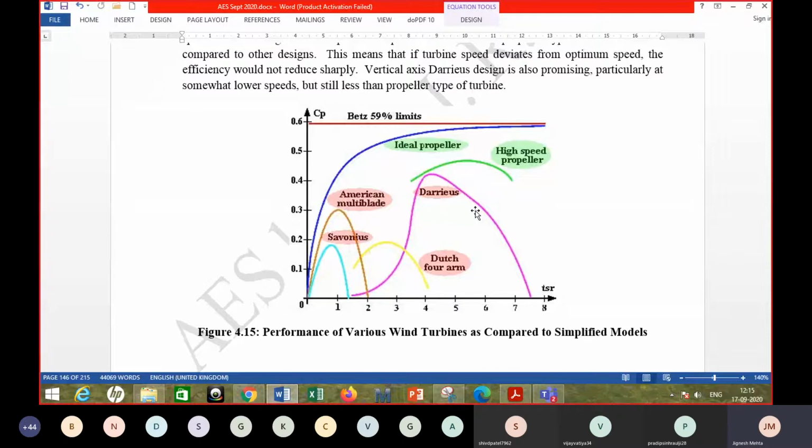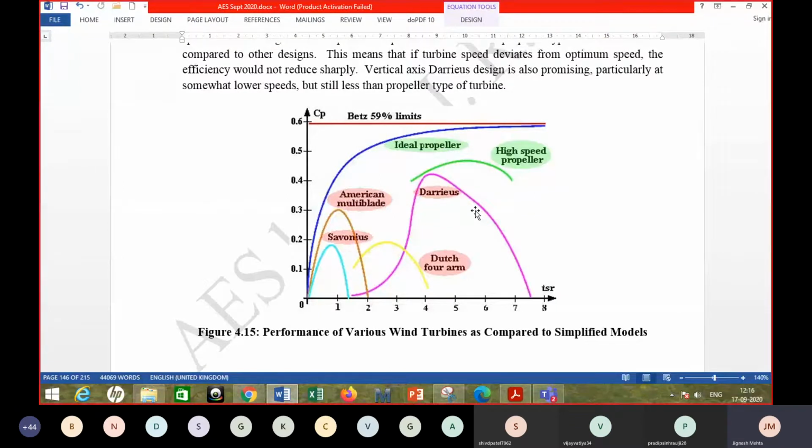So you can change the tip speed ratio, like for a given size of the turbine, if you change the wind speed, that's going to change the tip speed ratio. So those turbines can be tested and their real performance curves can be plotted. So for a typical design, a particular design of a wind turbine has been plotted here in this chart.